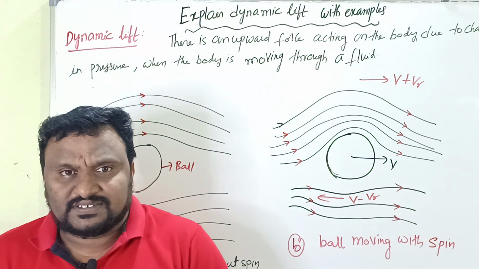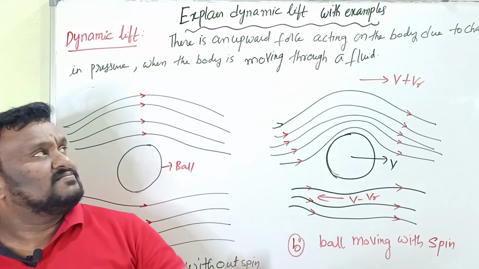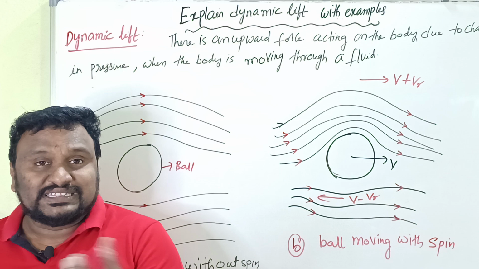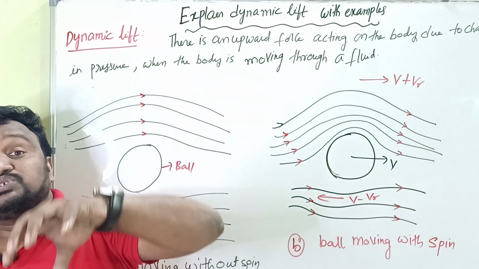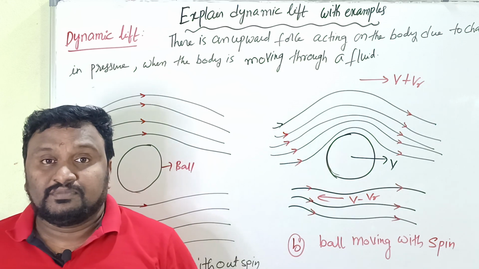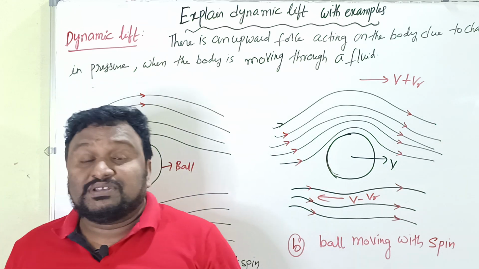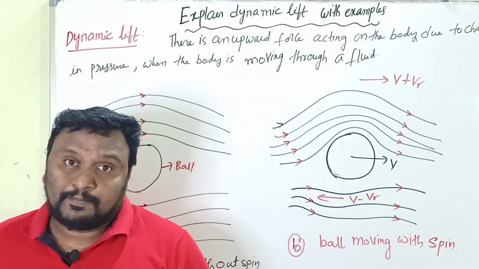What's the reason for that? For all of them, the reason is dynamic lift. What is dynamic lift? There is some upward force acting on the body due to the change in pressure.